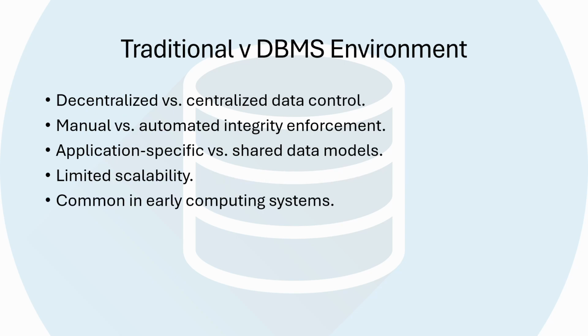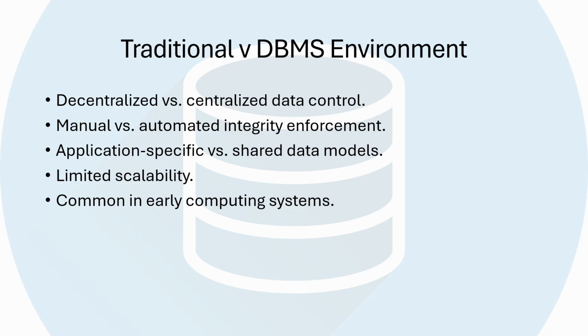To better understand traditional file processing, it helps to compare it conceptually to a DBMS environment. Traditional systems use decentralized control where each application manages its own files. In contrast, DBMS systems centralize control. Data integrity in traditional systems is handled manually within application code, whereas DBMS systems enforce integrity automatically through constraints.